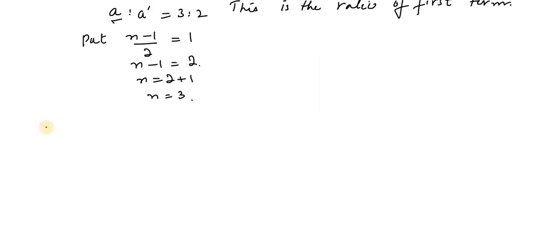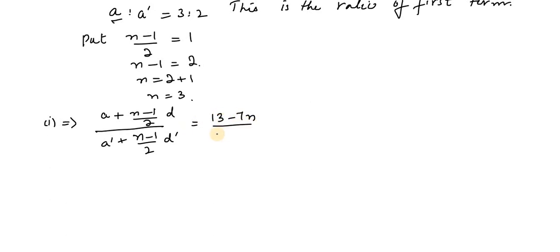Put this value of n in equation number 1. The equation number 1 is a plus n minus 1 upon 2 of d upon a dash plus n minus 1 upon 2 d dash is equal to 13 minus 7n upon 3n plus 1.